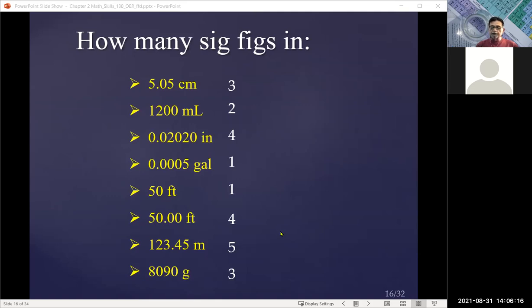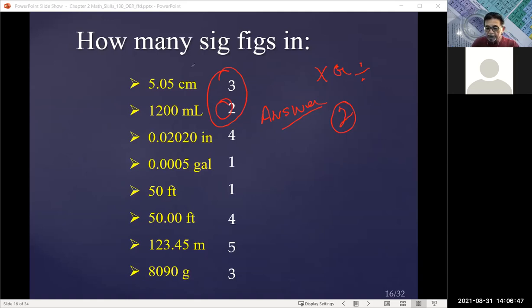Now you might say, all right, what does this mean to me at this point? Mathematically, it means this. If I'm going to multiply or divide, let's say, these two numbers, my answer should have no more than 2 sig figs because the 2 of the 1200 is the least accurate.